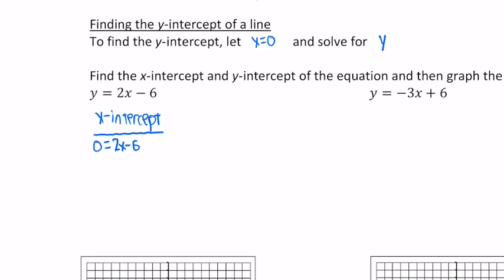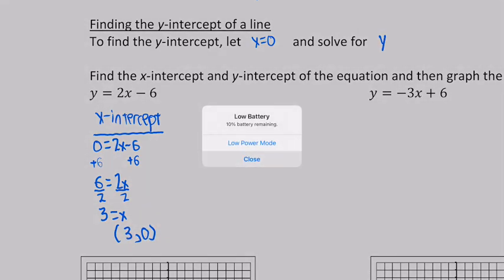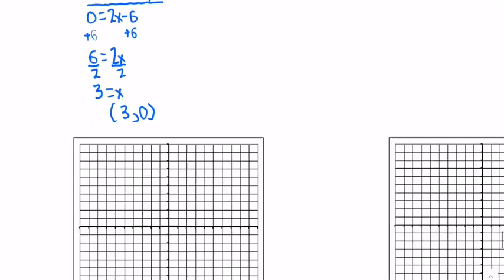To solve for x now, we would add 6 to both sides, giving us 6 equals, on the right side, the minus 6 and 6 would cancel out, leaving us with 2x. To isolate x now, we would divide both sides by 2, giving us 3 equals x. So we put in 0 for y and got 3 for x. The point (3, 0) will be on our graph right here.